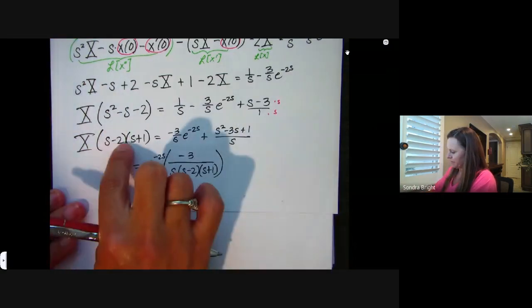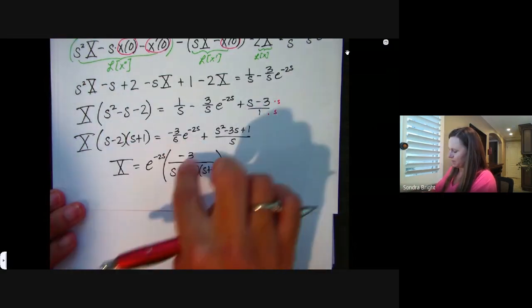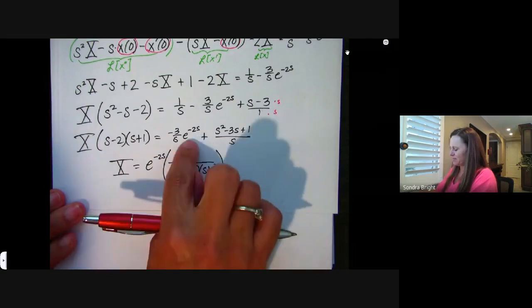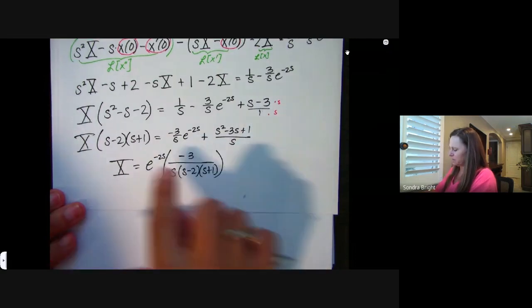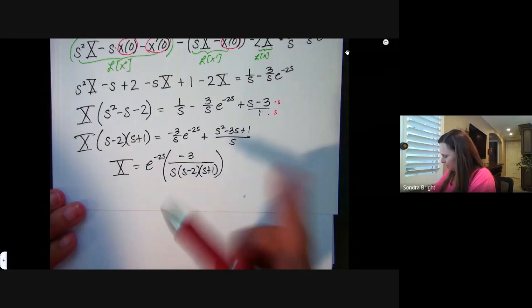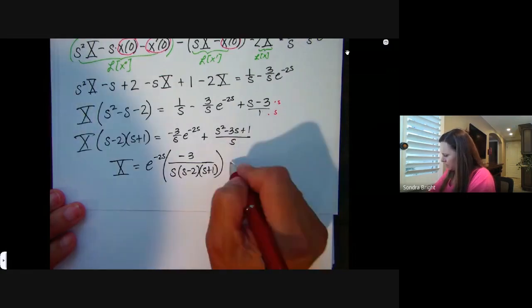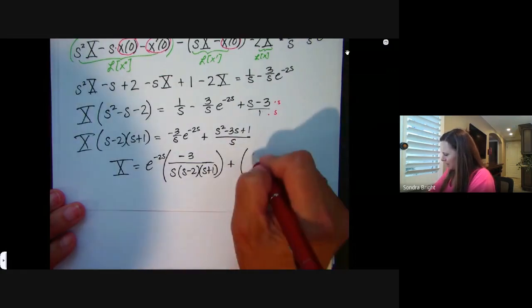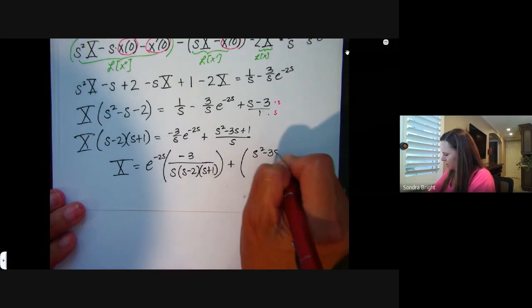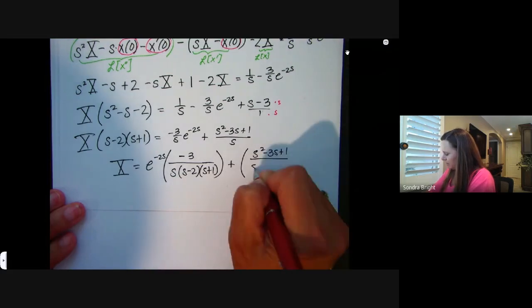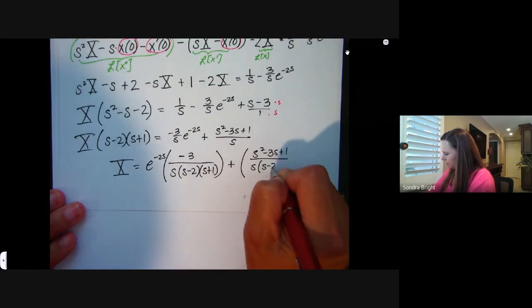So that's the negative 3 over s. I put the e to the negative 2s in front here. And you also need to divide this fraction also. So I'll have an s squared minus 3s plus 1 over s times s minus 2, s plus 1.